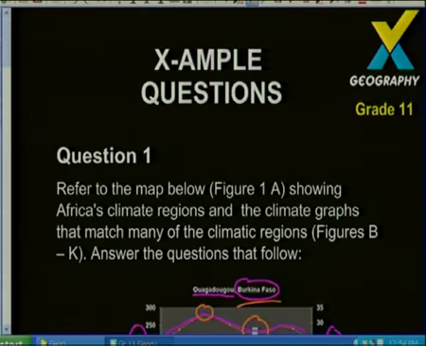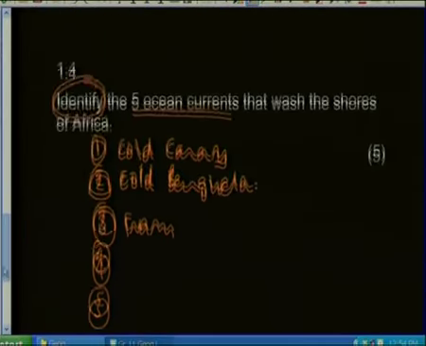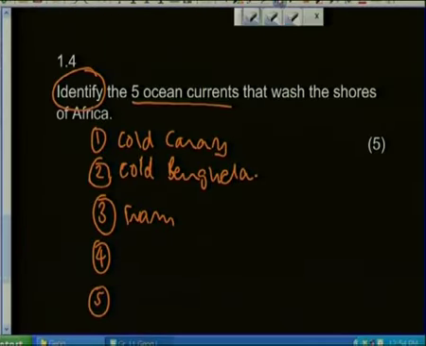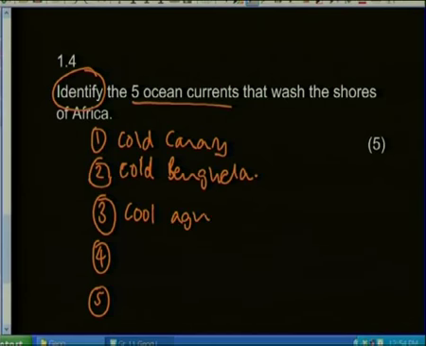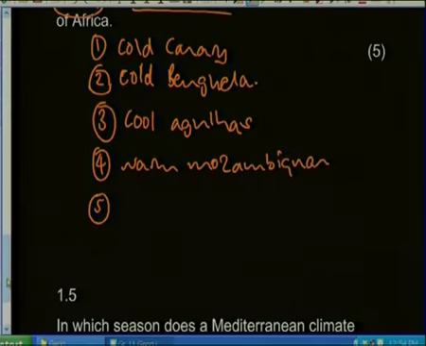When we write that up, it's not as warm as the other currents over there, so we can make a note and write that it is cool Agulhas. Then we've got the warm Mozambican, which runs further north, but the water's coming from the equator, so it's hot or warm water.